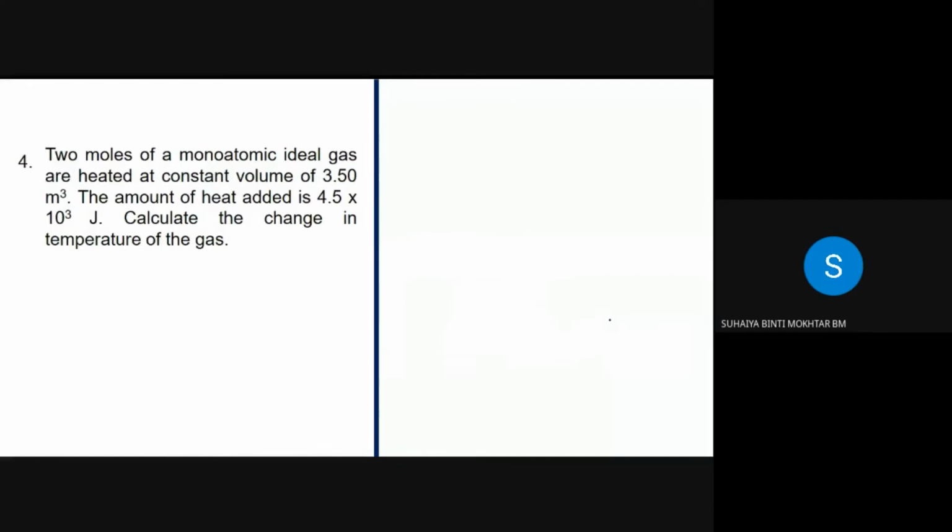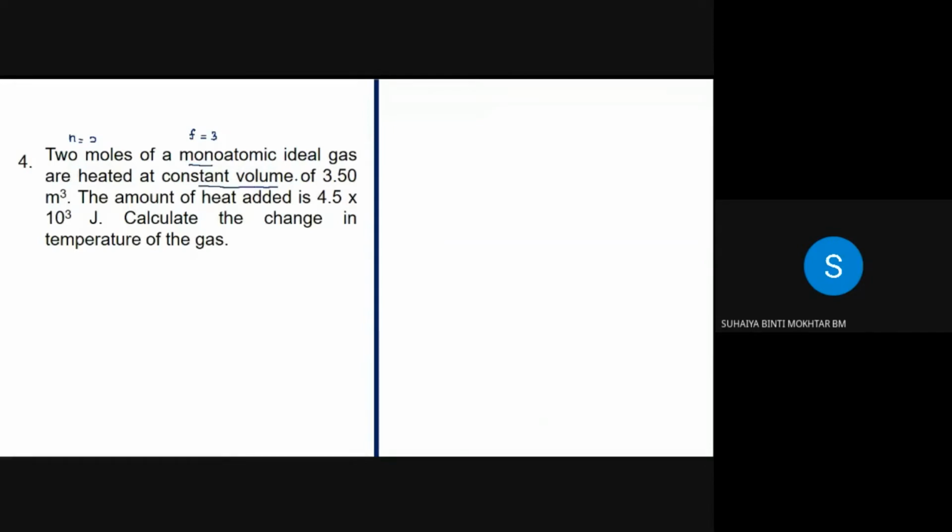Next, number 4. We have 2 moles of a monoatomic ideal gas. So here n equals 2. For monoatomic, degree of freedom equals what? 3. Heated at constant volume.